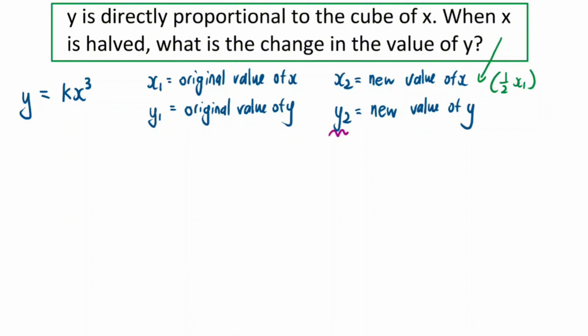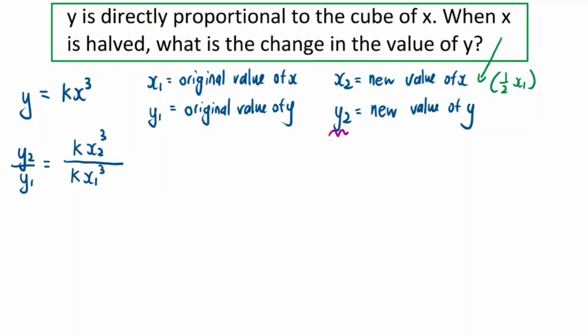So first, let's write this expression y2 over y1. This equals, for the numerator, the constant k times x2 to the power of 3, and for the denominator, the same constant times x1 to the power of 3.